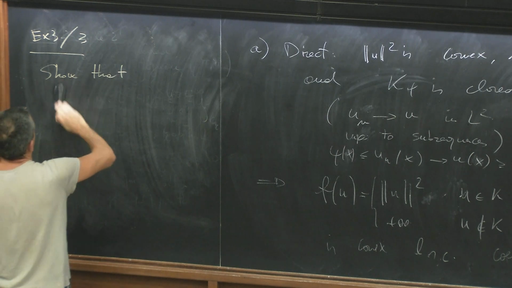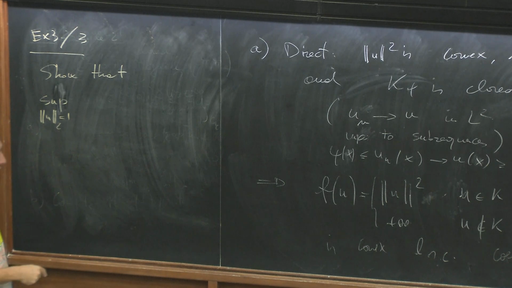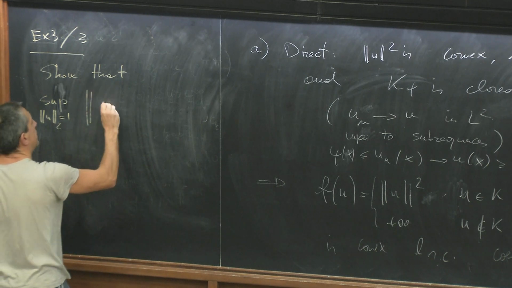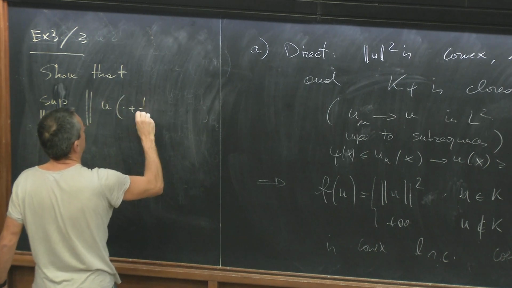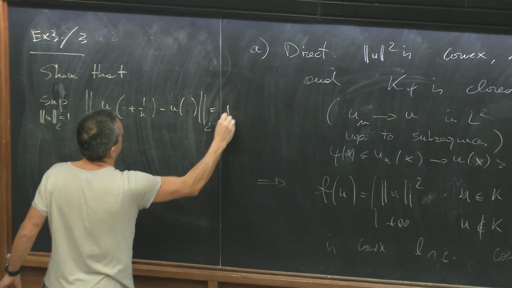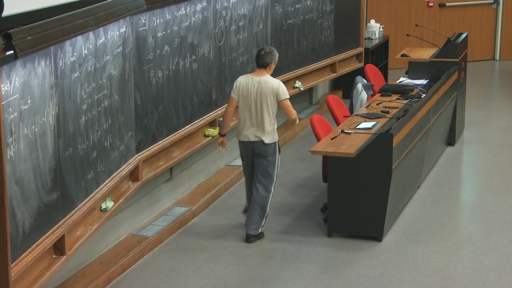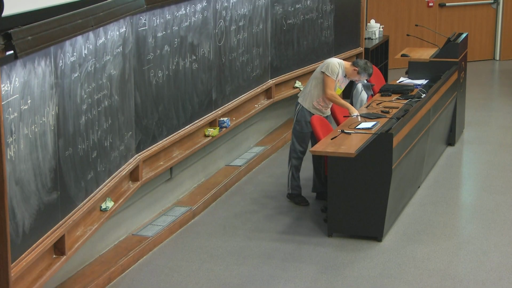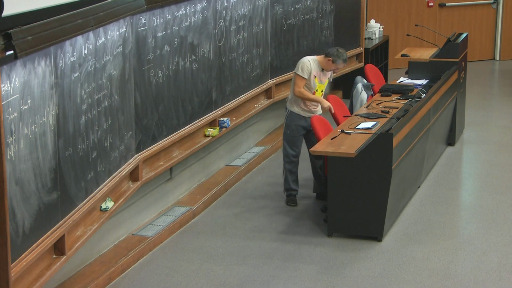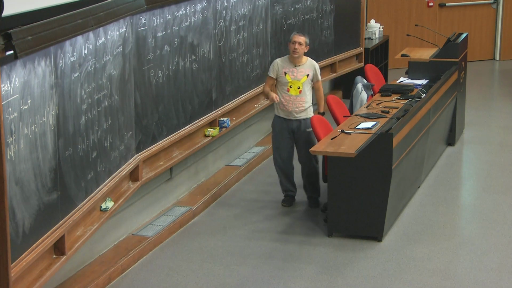We have to show that the supremum, over norm of u equal to 1, of the norm of u translated by 1 over k minus u is equal to 1. Okay?